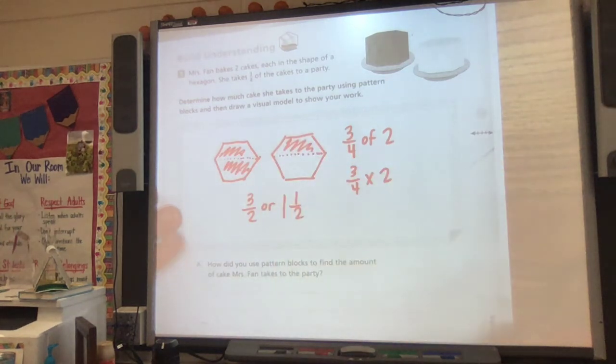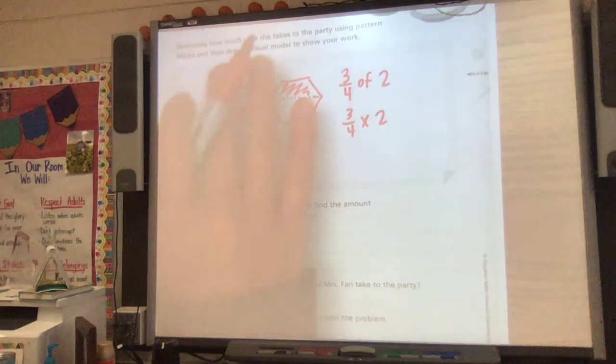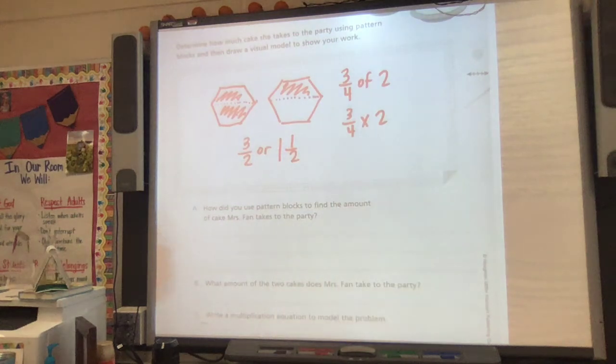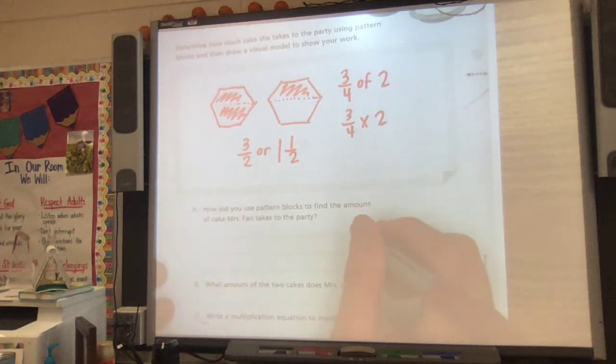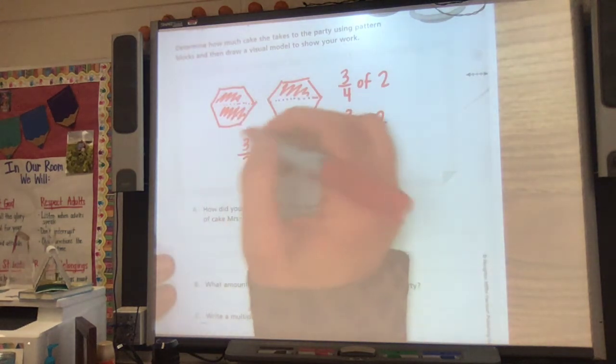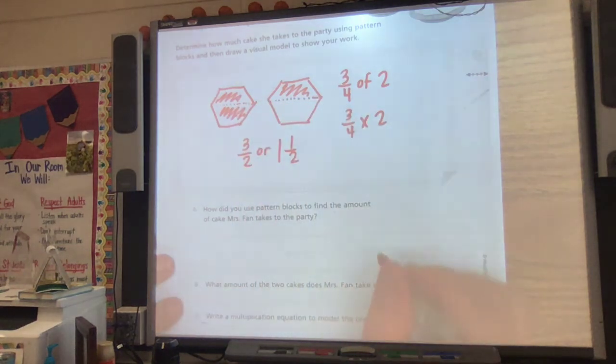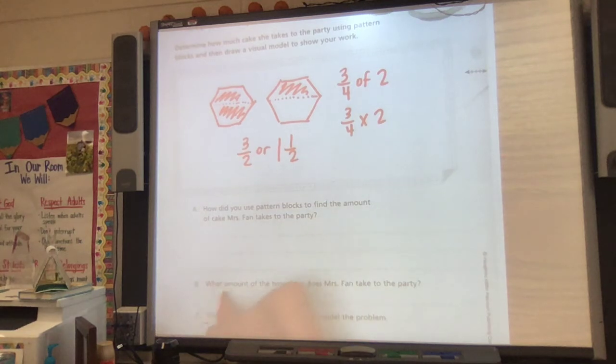We can see that right here. How did we use the pattern blocks to help us find it? We can fill those in right here. We can represent a whole by using the yellow one, or a half by using the red. What amount of the cakes does Miss Spann take to the party? She takes 3 halves, or 1.5.